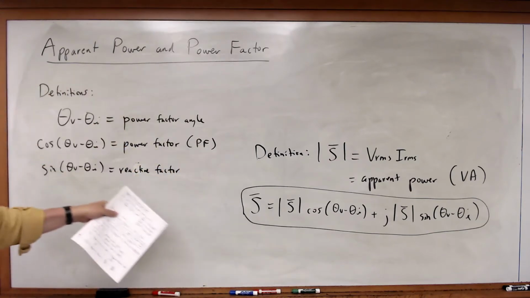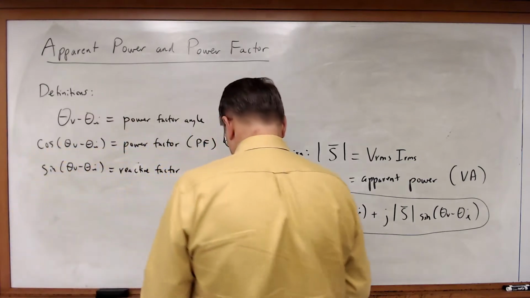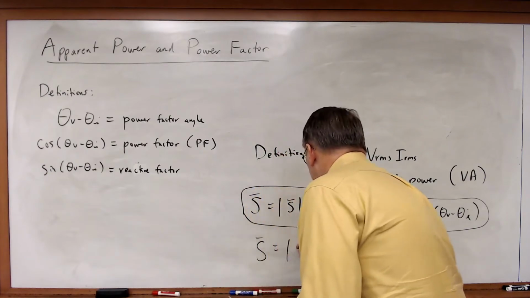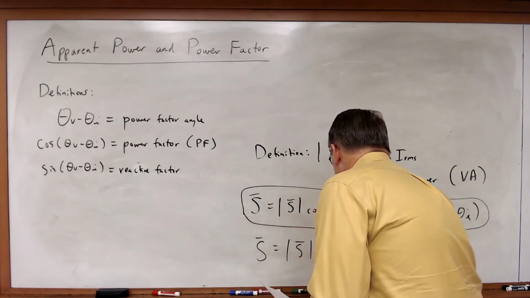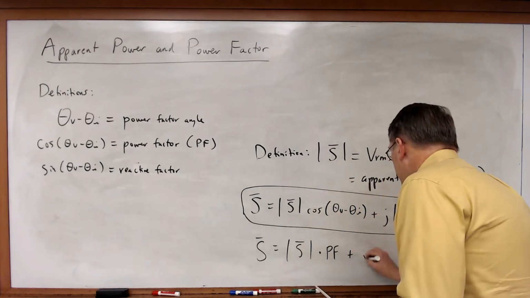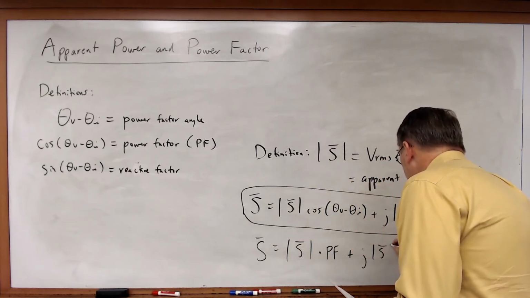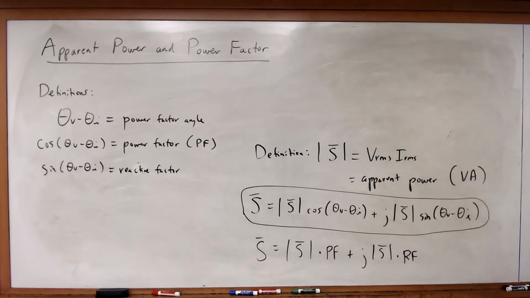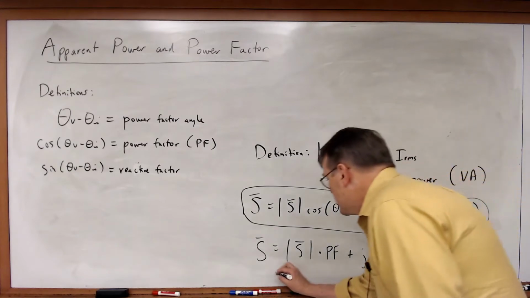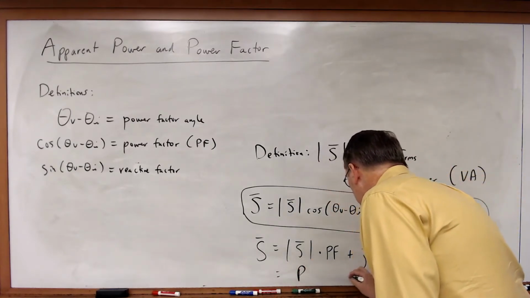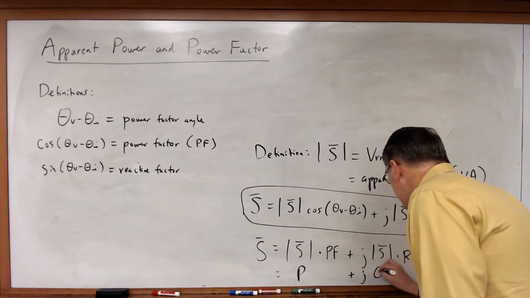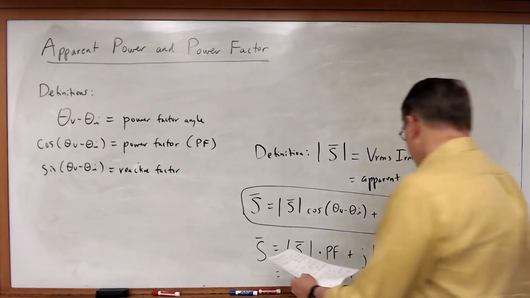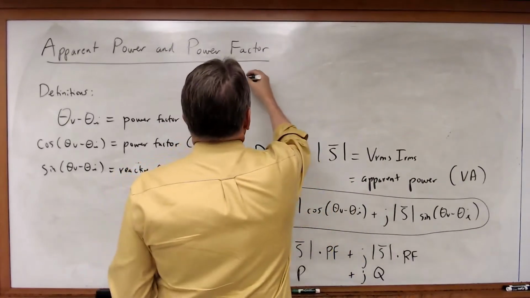So I can substitute and rewrite this, where S is equal to the magnitude of S times the power factor plus j times the magnitude of S times the reactive factor. But we know that's equal to P plus jQ by definition. And so from here, I can write two simple equations.